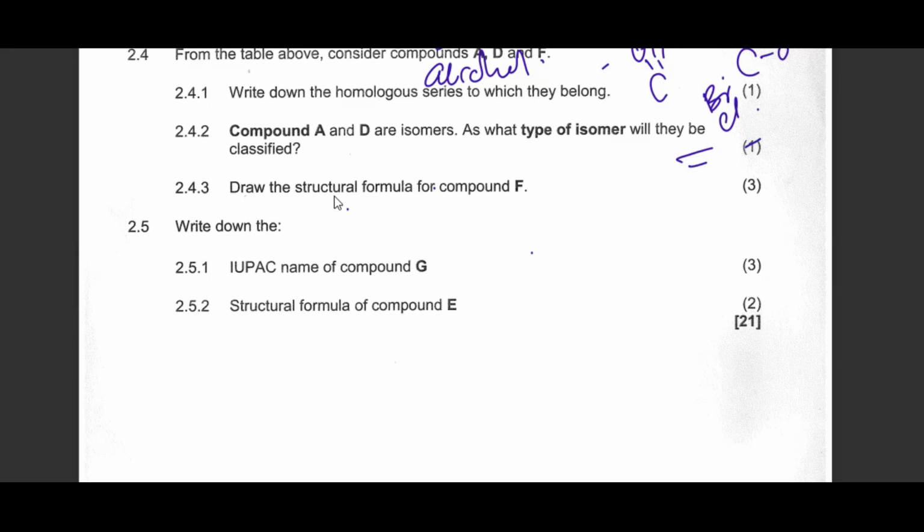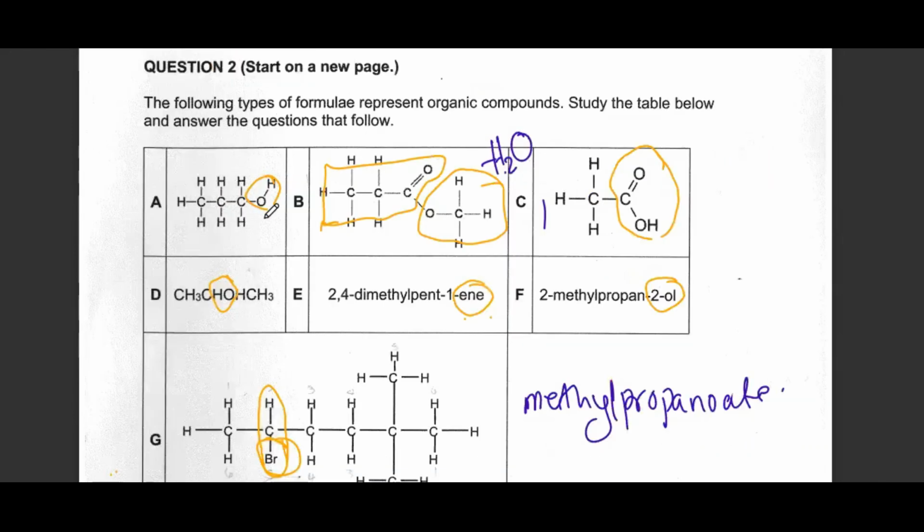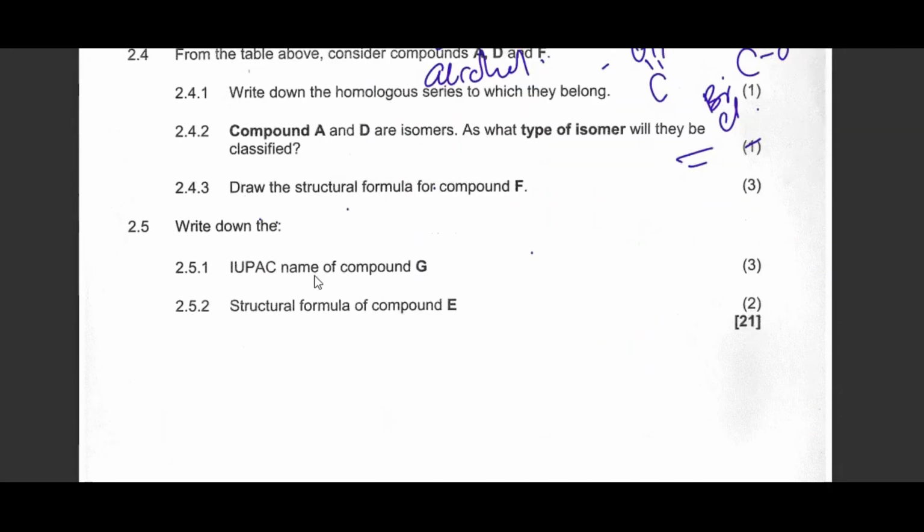Compound A and D are isomers. As what type of isomer will they be classified? Compound A and D. The isomer, 1, 2, 3. You see that the alcohol is here. So let me show you here. One compound is like this.